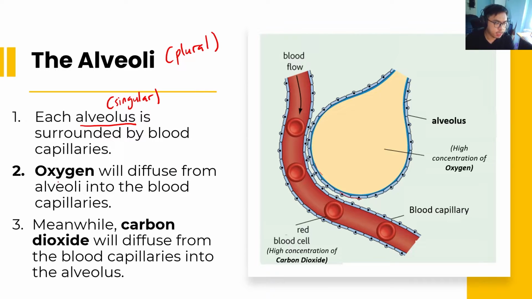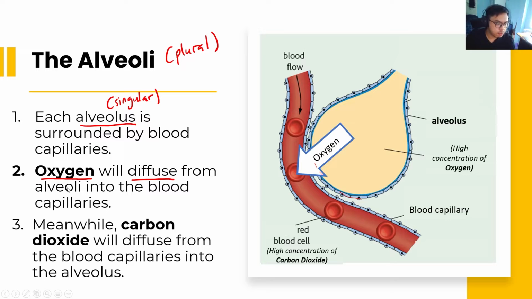Number two, oxygen will diffuse from the alveoli into the blood capillaries. So oxygen that we get from outside our body, from the air, will go into our lungs and finally end up in the alveoli, and then the oxygen will simply diffuse into the blood, and the blood will pick it up and bring it to the rest of our body.